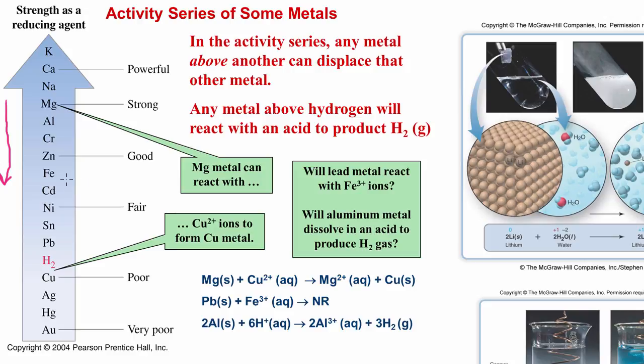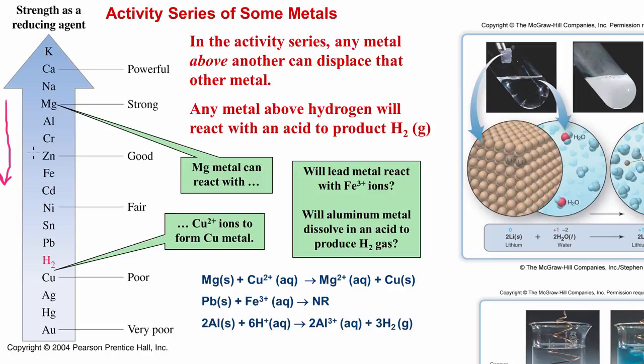From this table, we can see the different metals vary in the ease with which they are oxidized. For example, zinc is oxidized by aqueous solutions of copper, but silver is not. That's because silver is a poor reducing agent. So zinc is easier to oxidize than is silver.